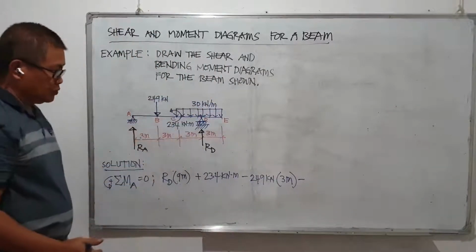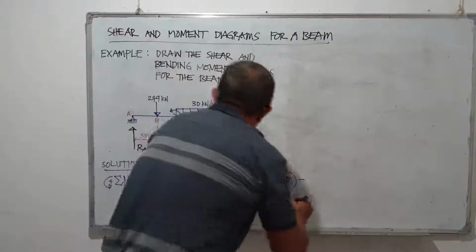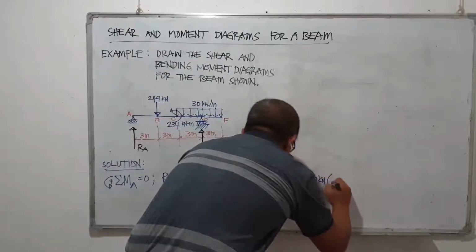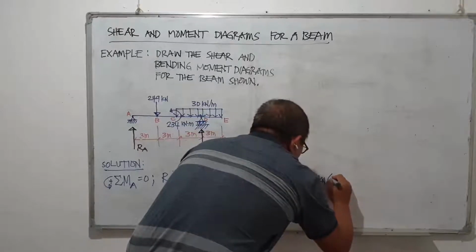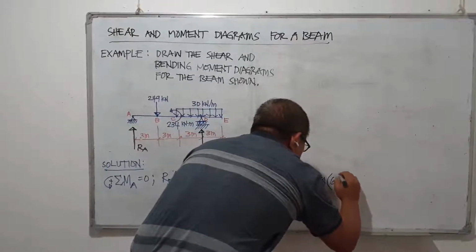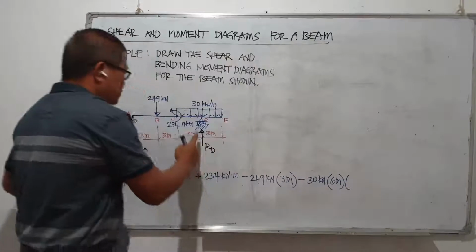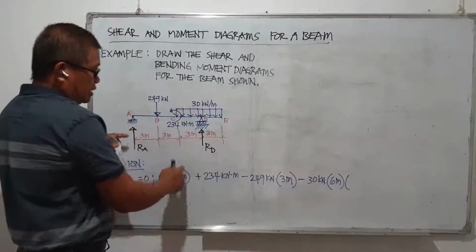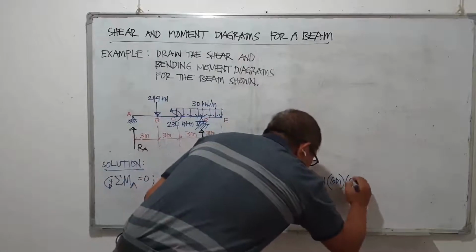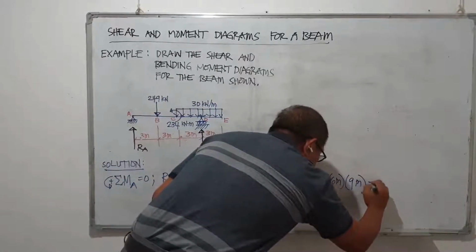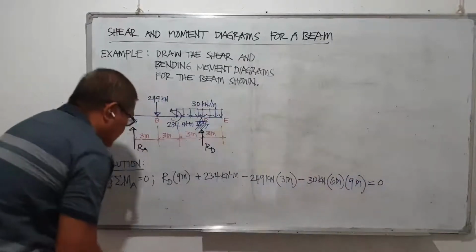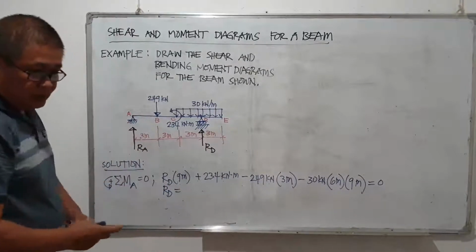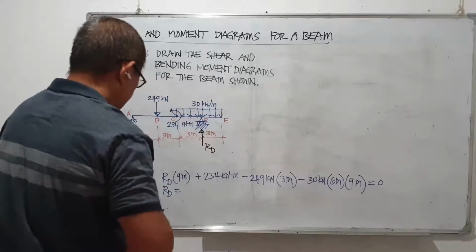It will have a clockwise moment, 30 kilonewtons times the span of 6 meters times the moment arm, which is located at 3 plus 9 meters, equal to 0. So R sub D equals 237.